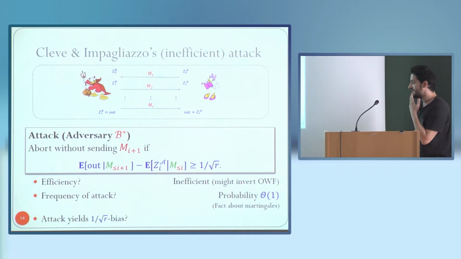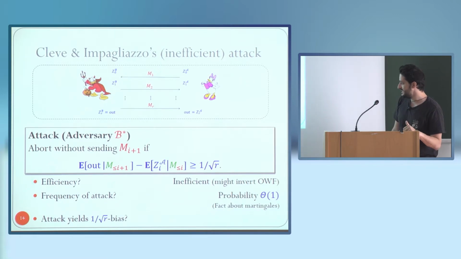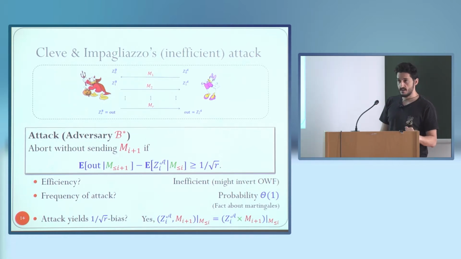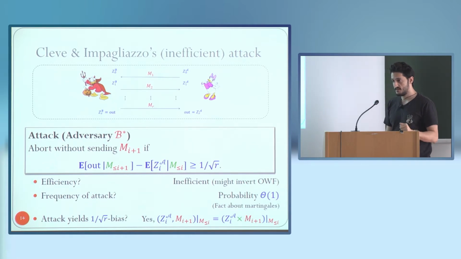Good. Finally, does the attack yield a 1 over square root of r bias? So yes, and the reason is that conditioned on the transcript, not including the message being sent, the backup value of the honest party and the message that is not being sent are independent. Okay?